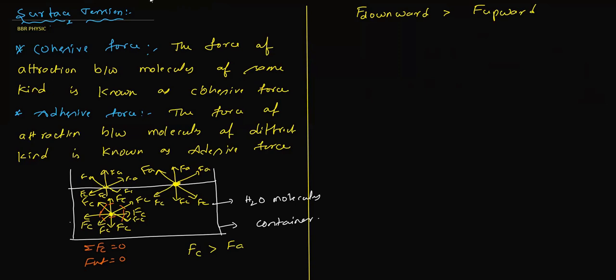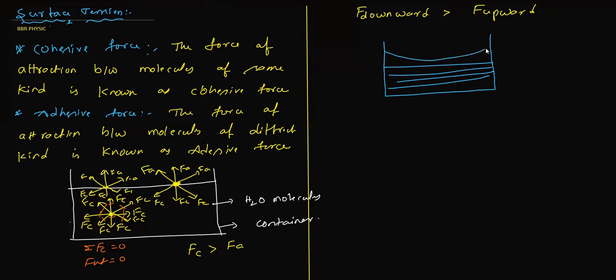So what we are able to observe is like this. For example, this is the water container, and these will be the water molecules, the layers. The upper layer looks depressed, due to this cohesive force and adhesive force, the upper layer appears to be depressed.